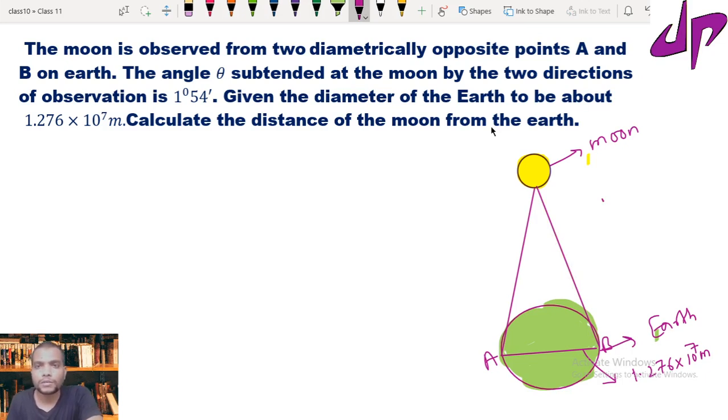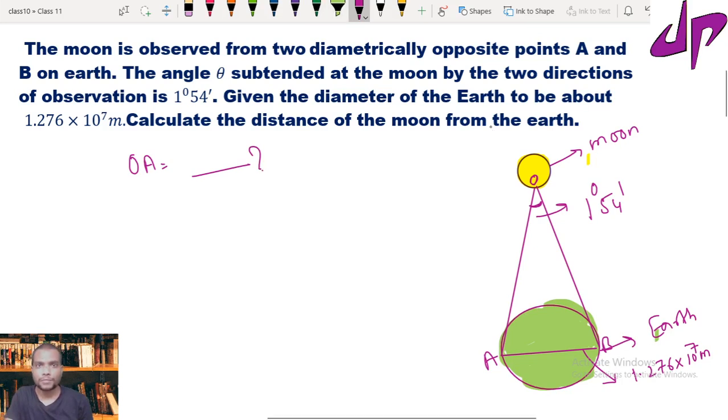Two different locations of the moon, and this angle is subtended. So the parallax angle here is mentioned as 1 degree 54 minute. Now what we need to find? We need to find the distance. Suppose I take this as O, we need to find the distance OA. OA equal to how much?